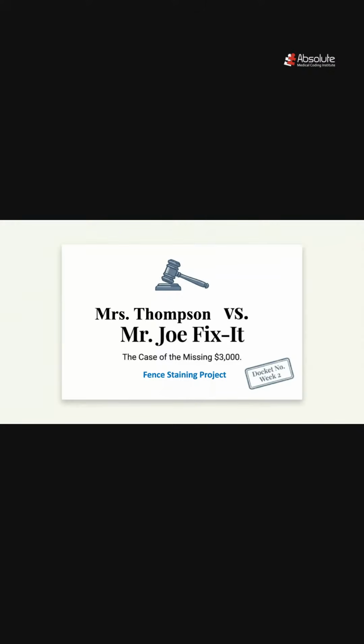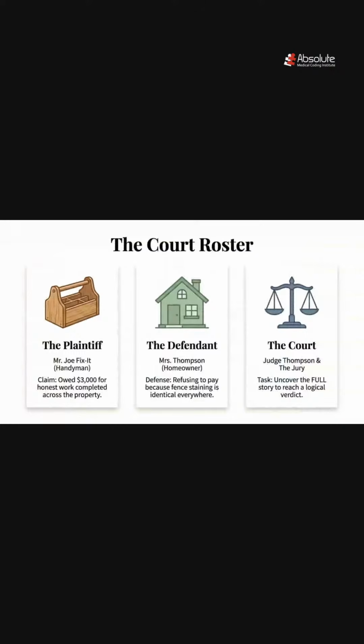All right, so last time I gave you this analogy or scenario of Mrs. Thompson versus Mr. Joe Fix It. Joe's the handyman. Mrs. Thompson is the homeowner, and basically the handyman is the plaintiff. He said, hey, I didn't get paid my full amount.